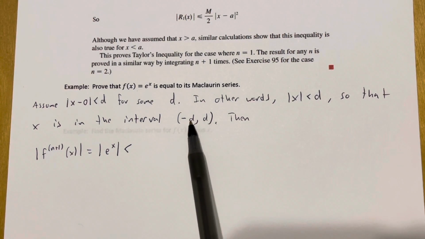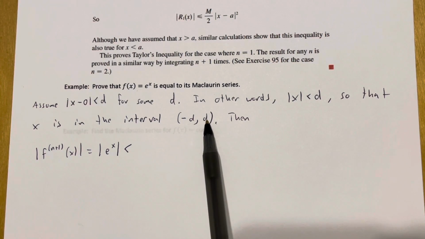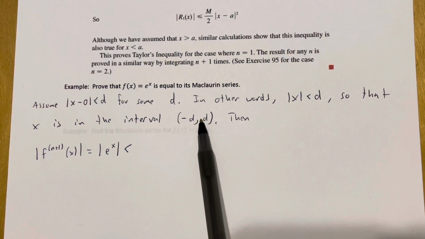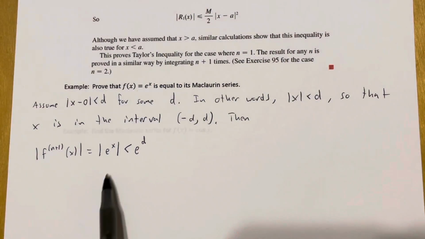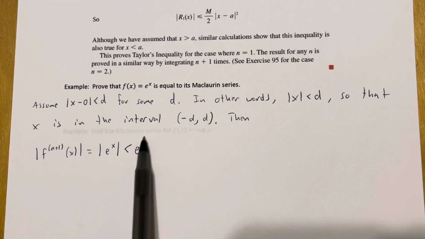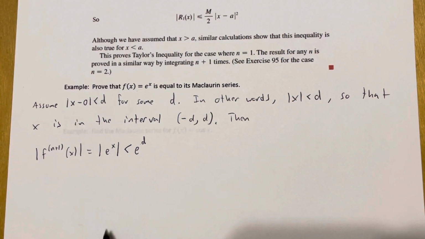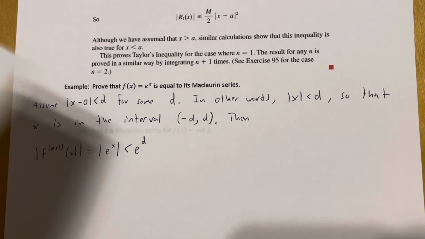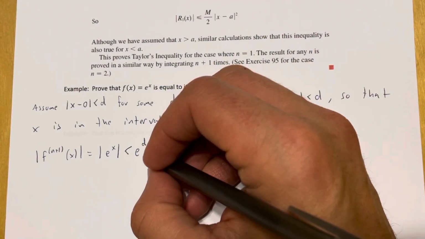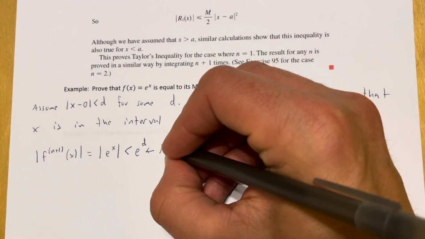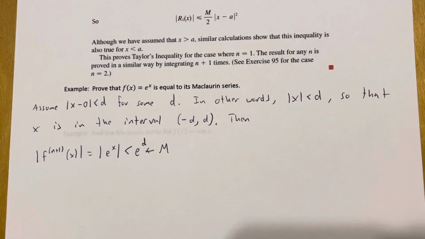But if x belongs to this interval, then d is larger than any value of x I can choose from here, which means e to the power of d is going to be larger than e to the power of x. So this thing right here is filling the requirement of that capital M that's showing up in Taylor's inequality. That thing is like the M in Taylor's inequality, okay?